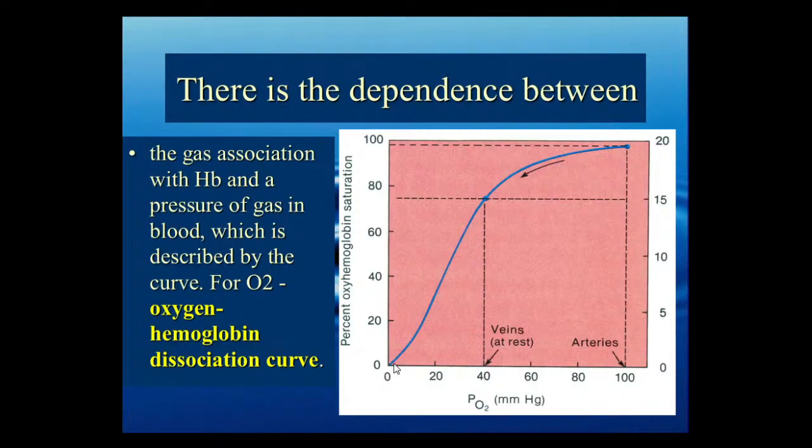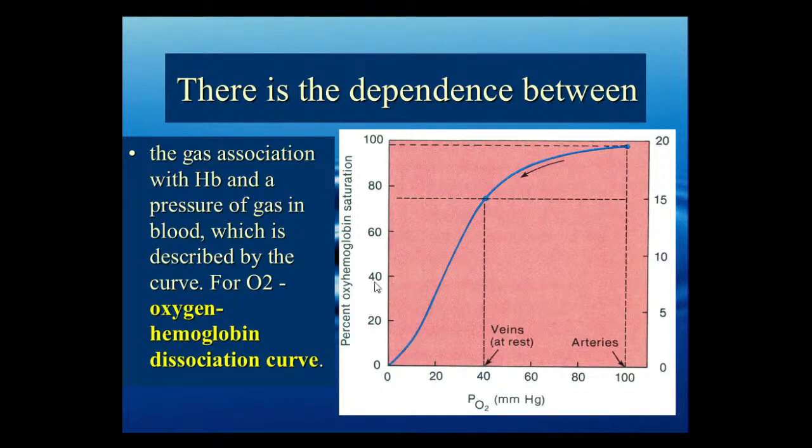This process, creation, formation of all these combinations, all these forms of transportation can be described by a curve of dissociation for oxygen and for carbon dioxide. Usually we use estimation of this transportation for oxygen.